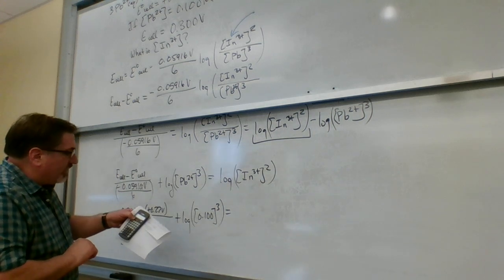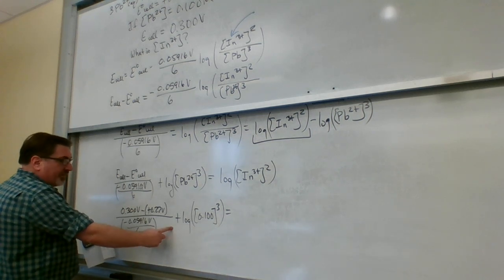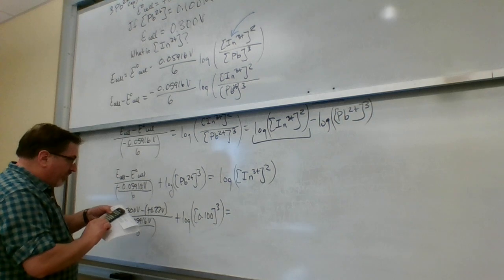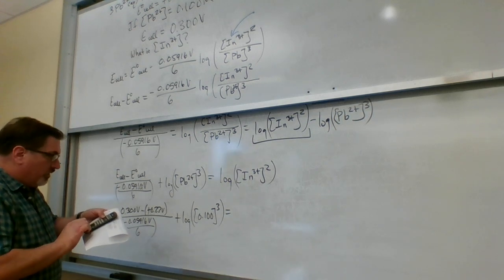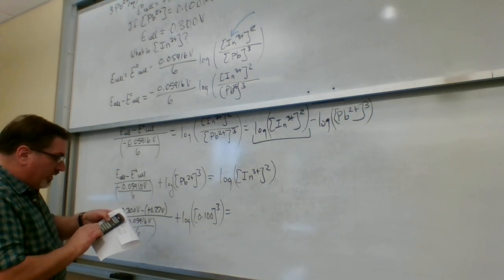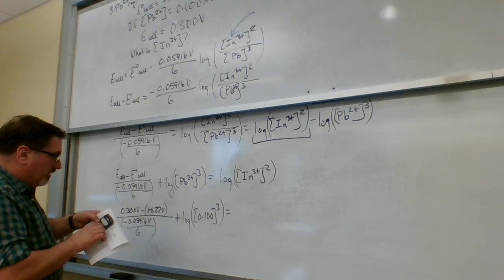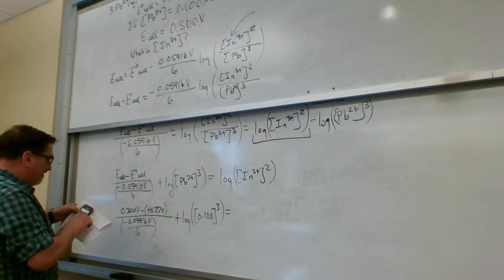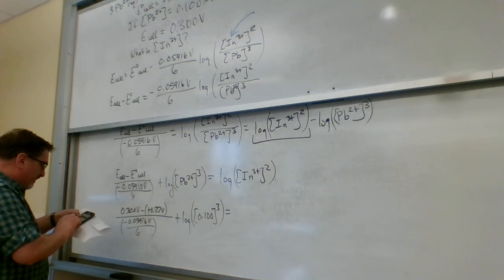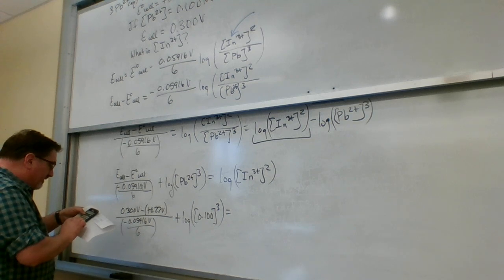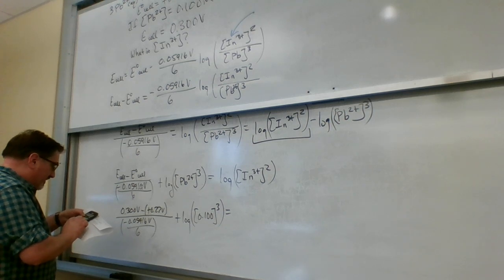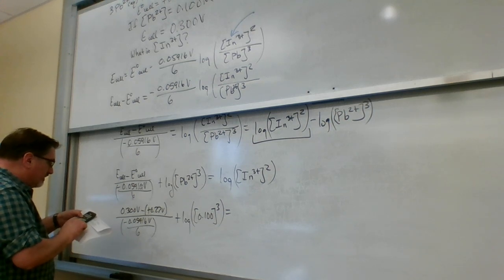I have minus 0.225 for this term, plus 0.1 cubed. I needed to push that in again. I needed an extra set of parentheses over there.